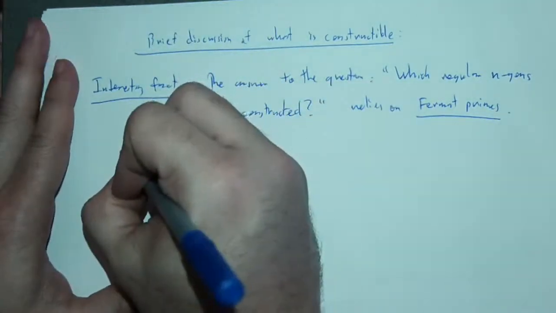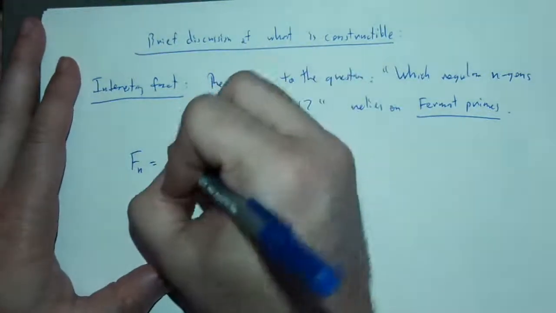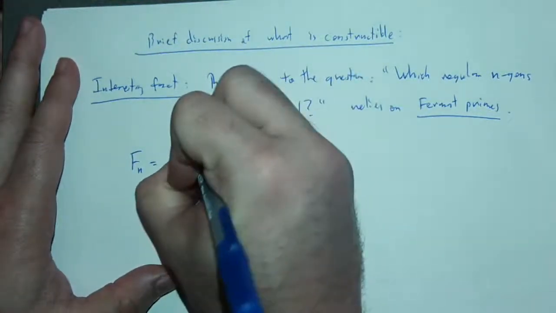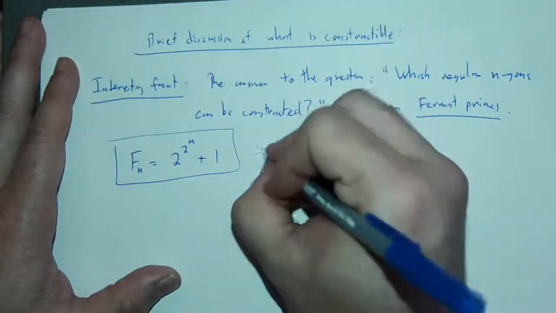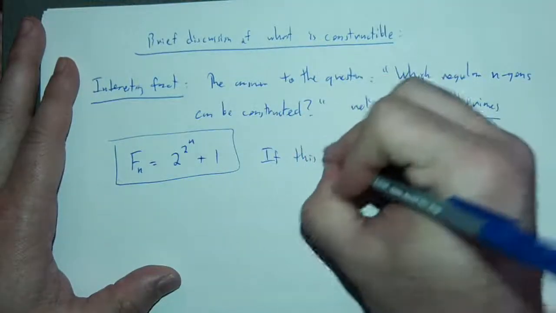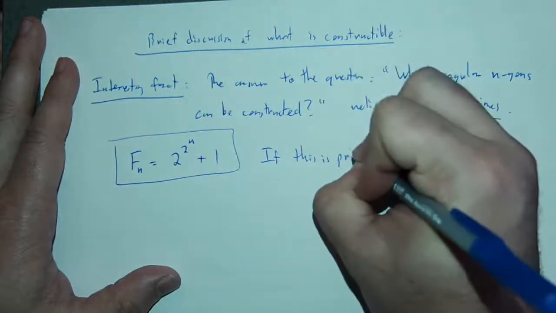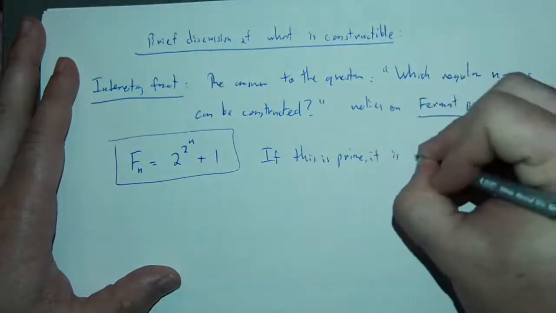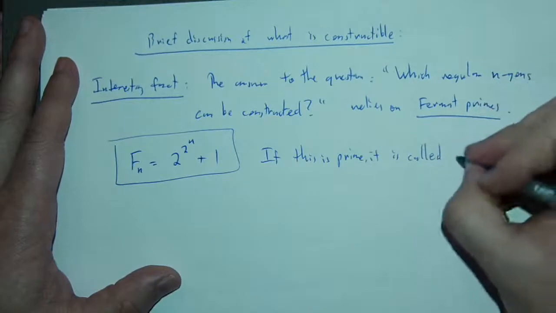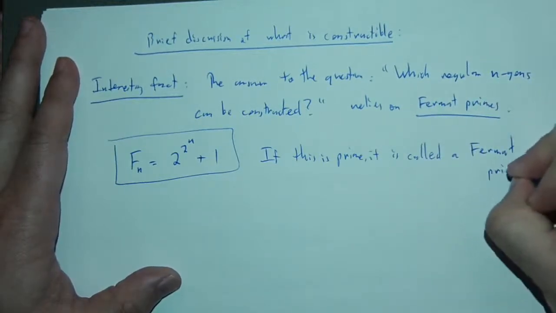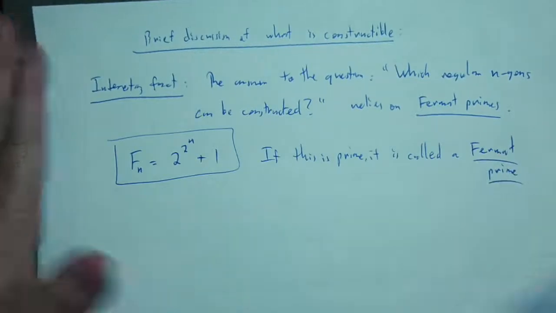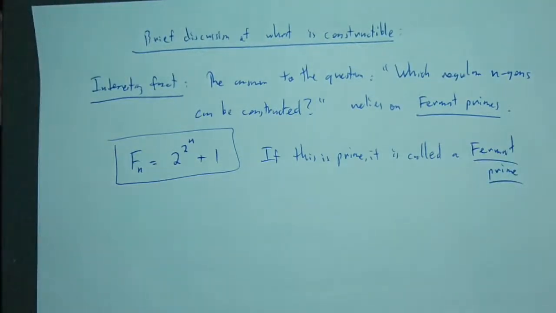F sub n we'll call 2 to the 2 to the n, plus 1. If this is prime, it is called a Fermat prime. So if the number 2 to the 2 to the n plus 1 is prime, it's a Fermat prime.